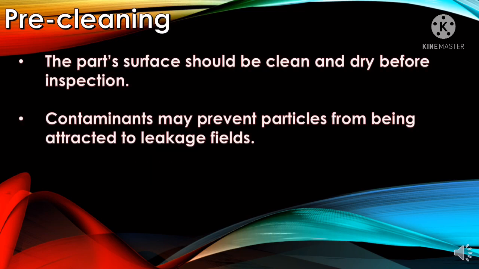When inspecting a test part with the magnetic particle method, it is essential for the particles to have an unimpeded path for migration to both strong and weak leakage fields alike. The part's surface should be clean and dry before inspection. Contaminants such as oil, grease, or scale may not only prevent particles from being attracted to leakage fields, they may also interfere with interpretation of indications.